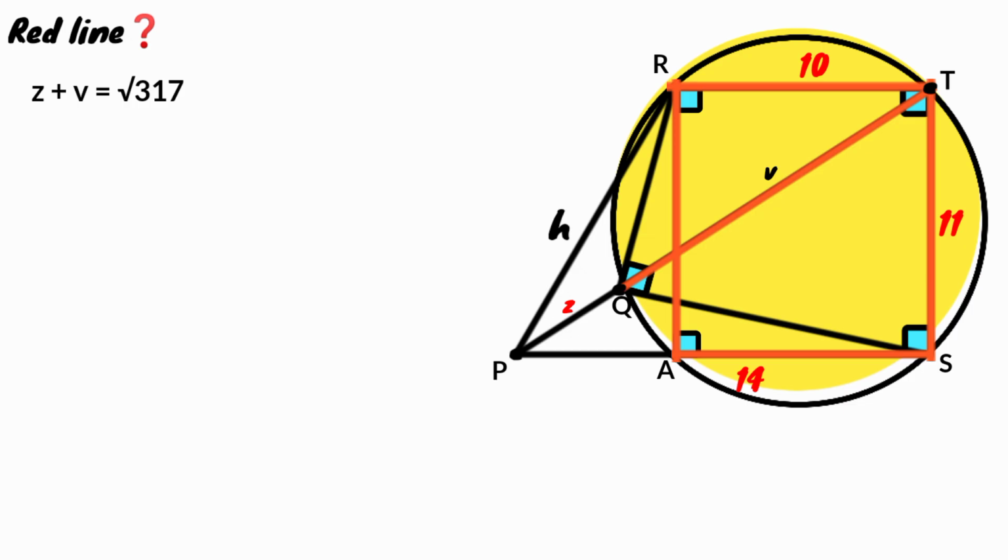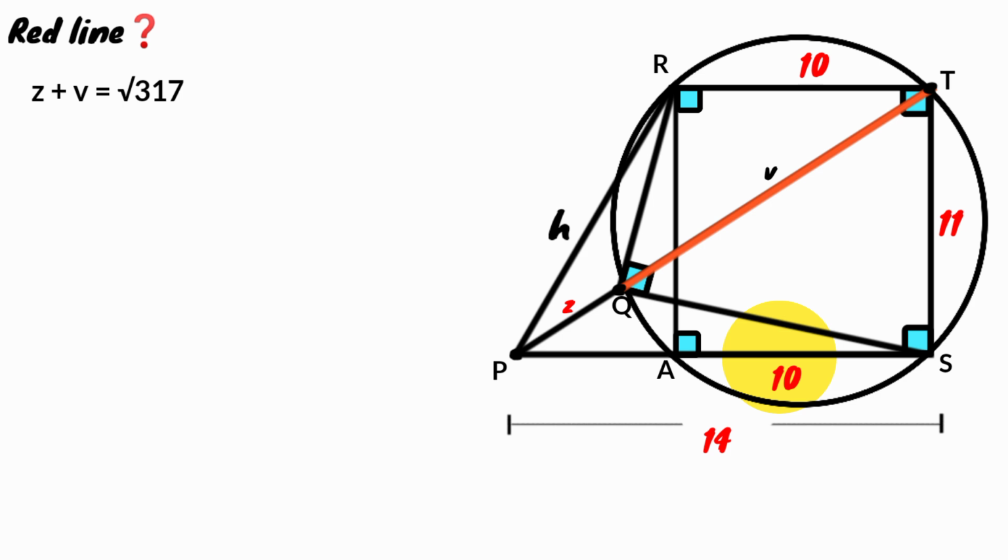In a rectangle, opposite sides are equal in length. That is, this side and this are equal in length, and this are also congruent. So since this is 11 units, this must also be 11 units, and since this is 10 units, this must also be 10. Look at this side PS.